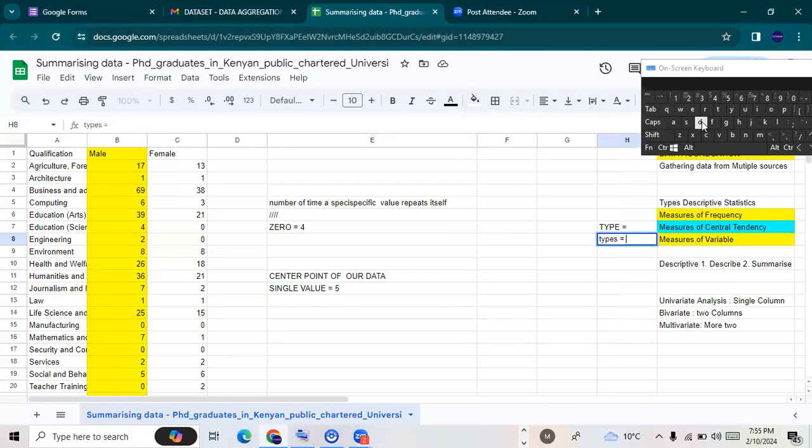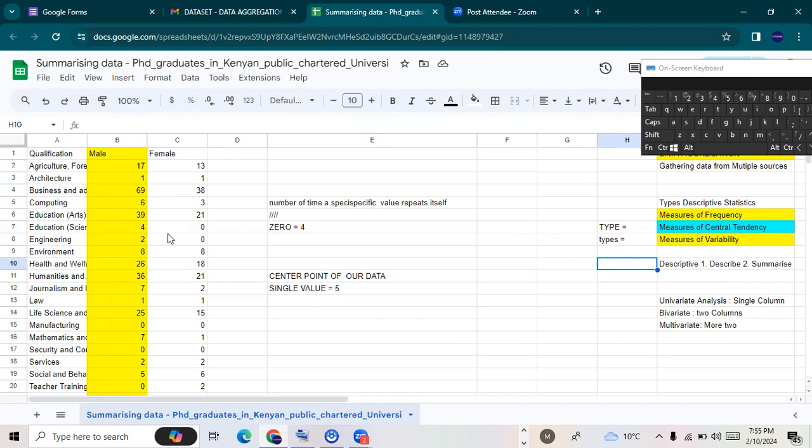So let's understand when and where each of the types of descriptive statistics is needed. One, the measures of frequency is needed first to tell how frequently a specific number repeats itself or is found the most in our data.